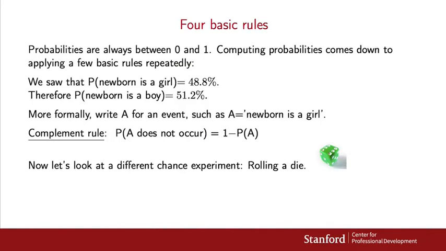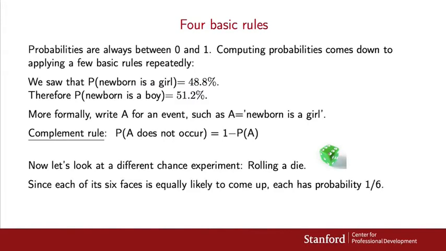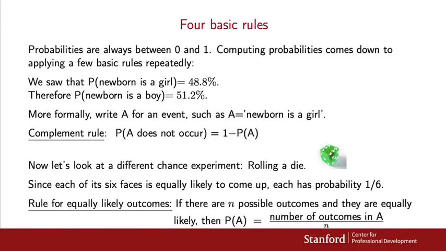Now let's look at a different chance experiment, namely rolling a die. A die has 6 sides, and each of them is equally likely. So each side has probability 1/6 of coming up. This is our second rule. It's called the rule for equally likely outcomes.